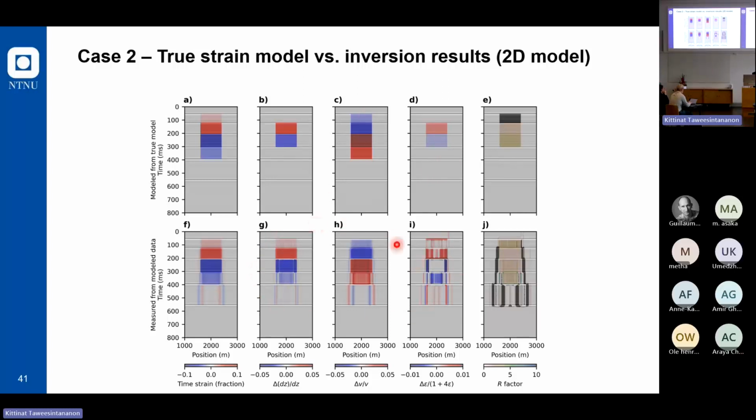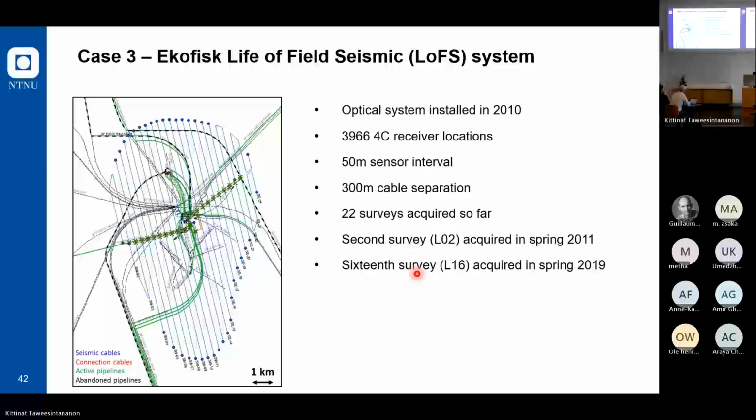These are results of inversion: thickness strain here, velocity strain here, epsilon change here. You see that the trend is okay at the reservoir and the overburden, but you still find some artifacts or errors here, especially the mismatch here. I need to figure out more in the near future about how to stabilize this optimization.